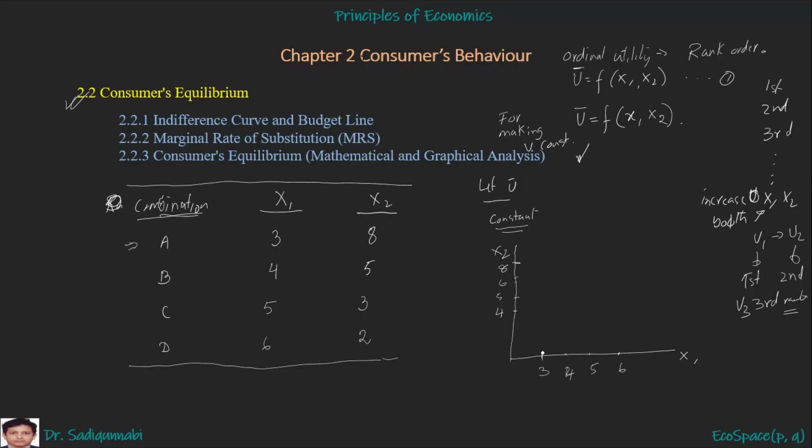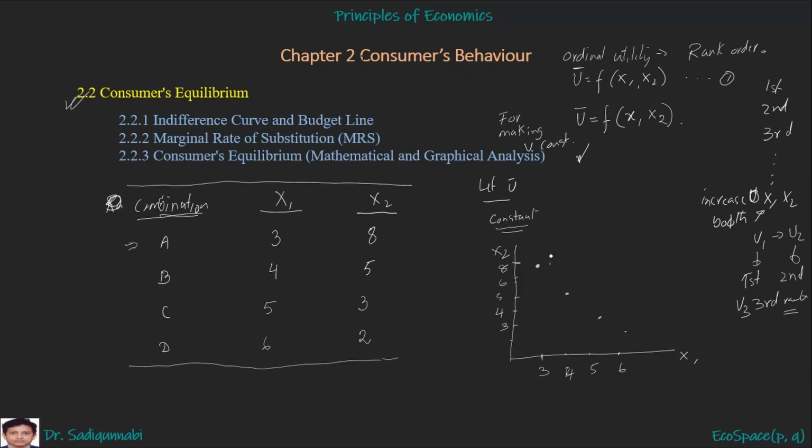Okay, so the combination of 3 and 8 is this point. The combination of 4 and 5 is this point. The combination of 5 and 3 is this. The combination of 6 and 2 is here.